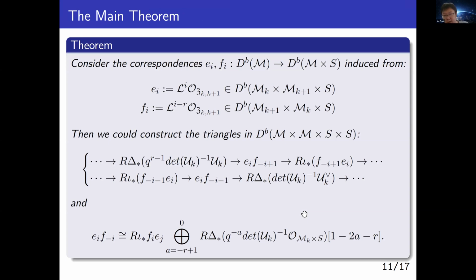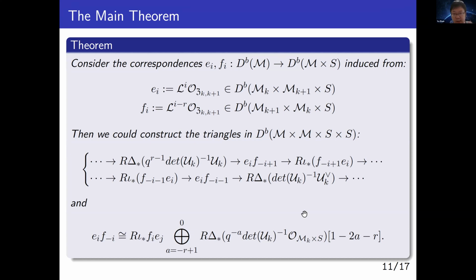Given these line bundles, we can also twist these line bundles by i times, and we know that we can regard the nested space D_{k,k+1} as a closed subscheme of M_k times M_{k+1} times S. So we just consider this as Fourier-Mukai kernels of L^i, and regarding this as Fourier-Mukai kernels, we actually regard this as a morphism from the derived category of M_k to the derived category of M_{k+1} times S. We could also do the reverse way, regarding this as the morphism from the derived category of M_{k+1} to the derived category of M_k times S, and this gives us the negative part F_R. Here we will twist F_R, so we will make a small modification. F_R is L^{i-R}, but not L^{i+R}.